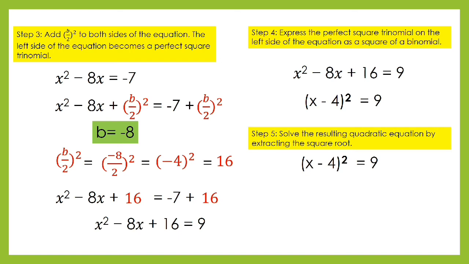We have now the square root of the square of quantity x minus 4 equals square root of 9. Let's extract the square root. We have now x minus 4 equals positive negative square root of 9, which is 3.